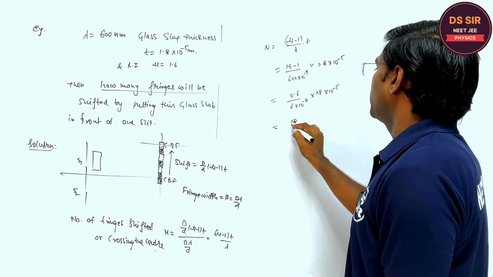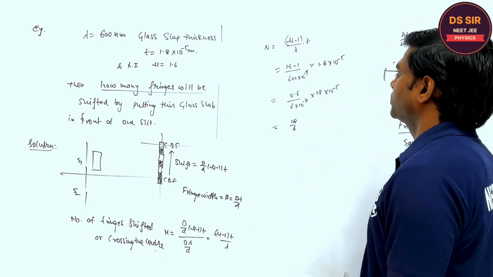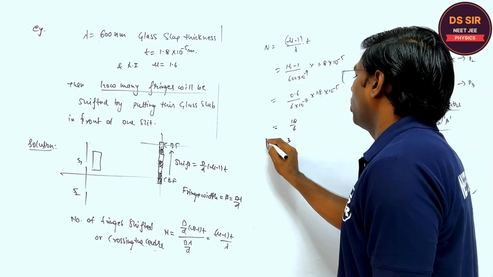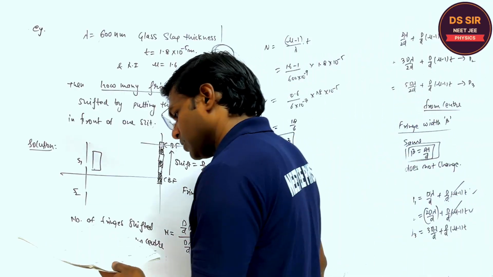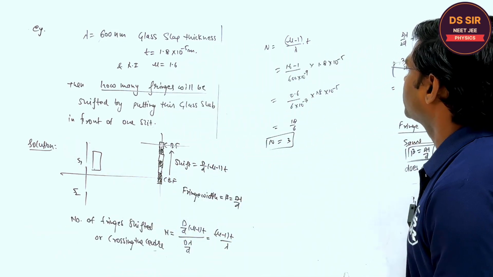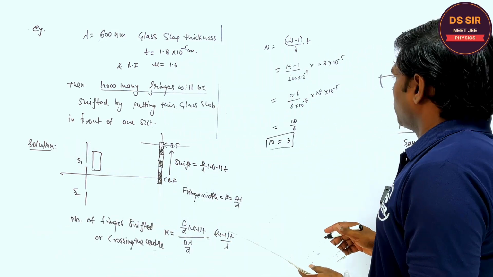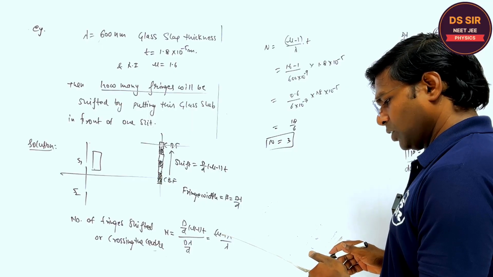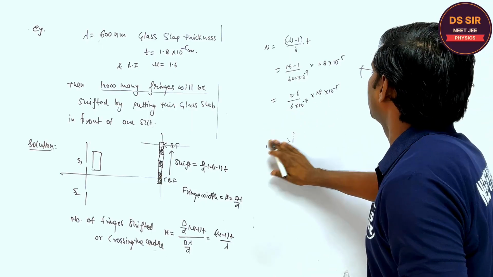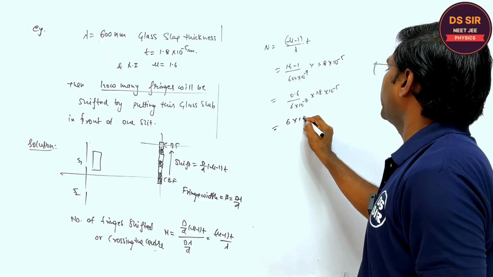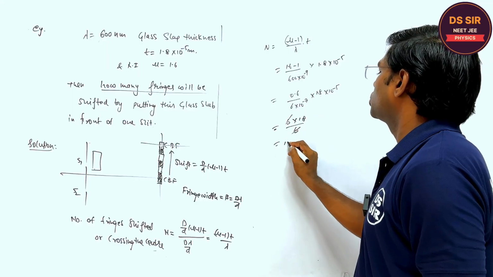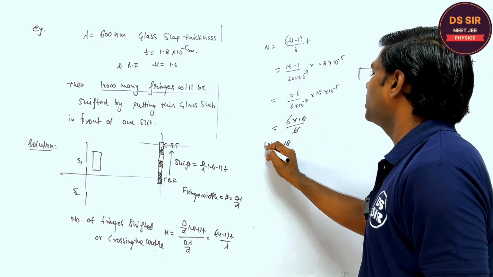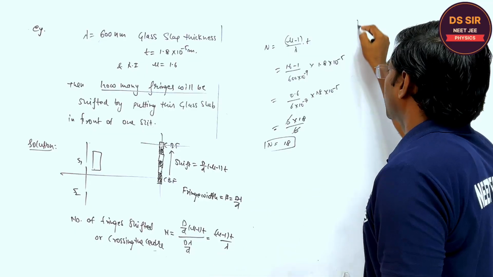So this is 18 upon 6. Oh, it is coming wrong. Wait for 1 minute. This is 6 into 18 upon 6. So the number of fringes shifted will be 18 in this case, right?